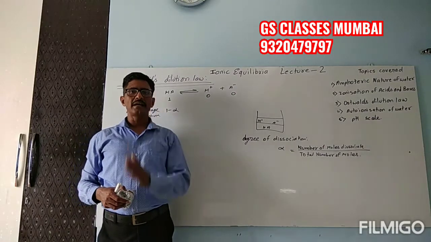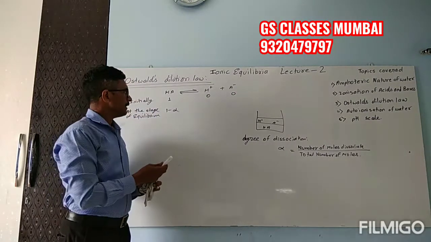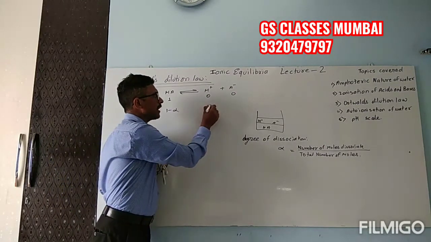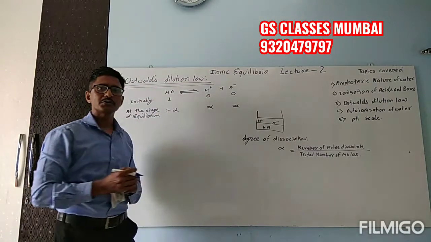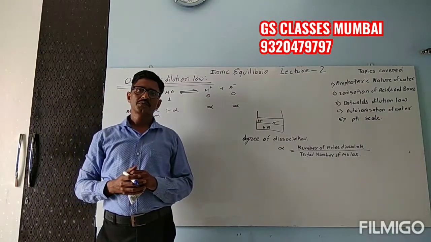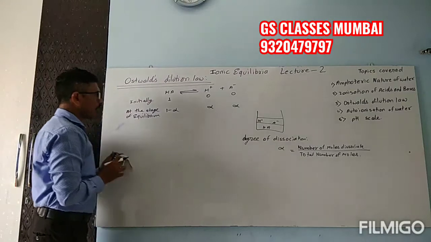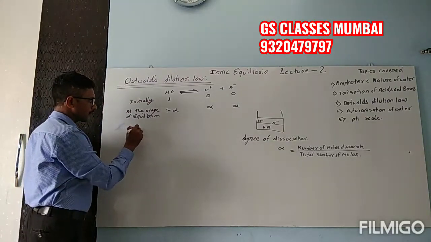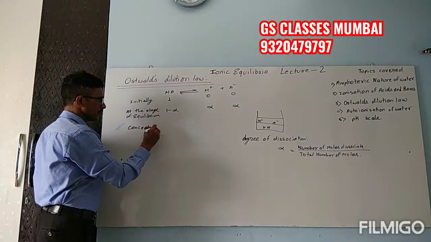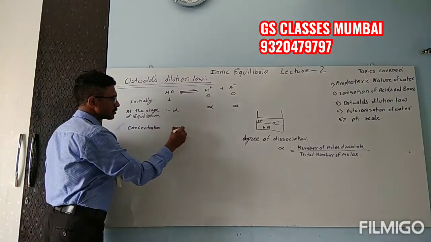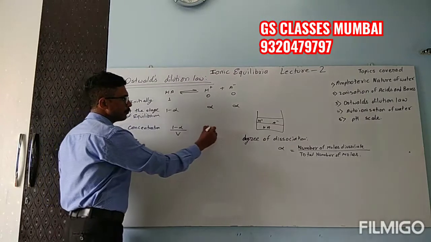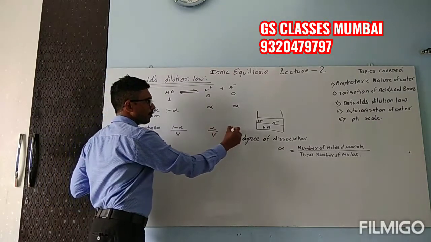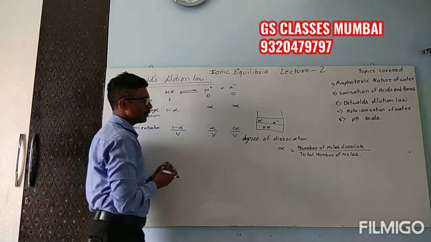On the same line, if alpha molecules are dissociating, then alpha H plus and alpha A minus will be produced. Now concentration is always expressed by number of molecules divided by volume.